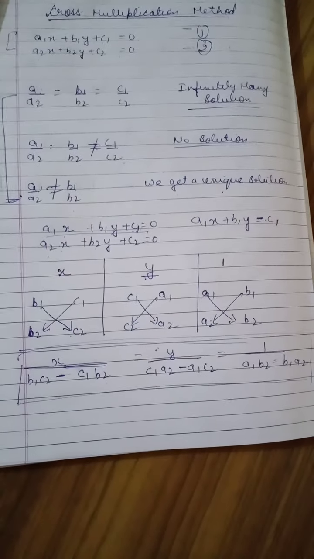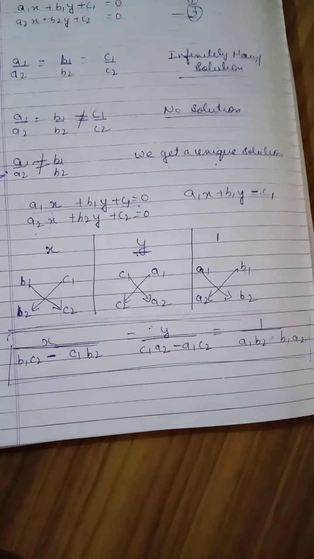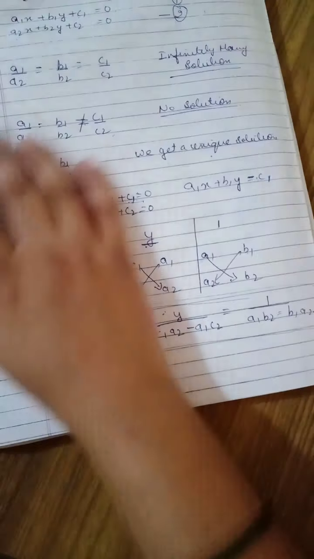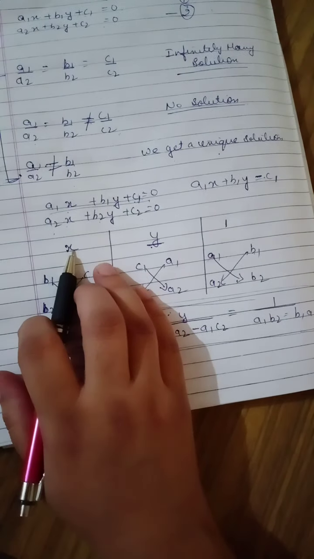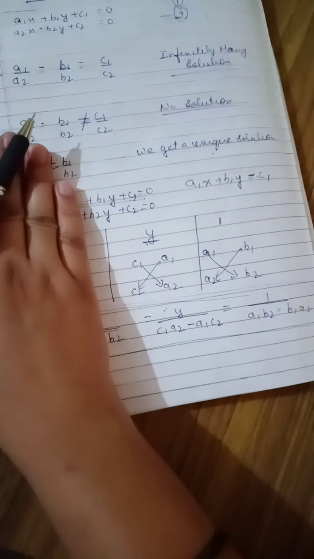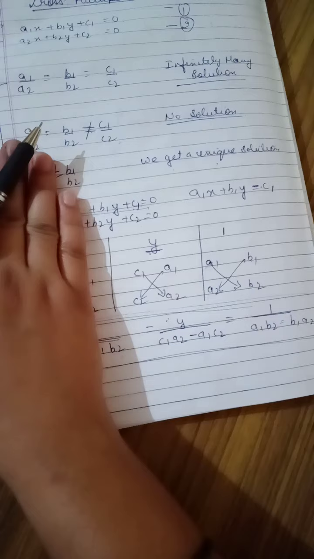Now, with a very simple method that you have to follow, the first thing is we have to go in a proper sequence in a cyclic form. If I'm talking about x, then hide the x and talk about the b1, b2, c1, c2.